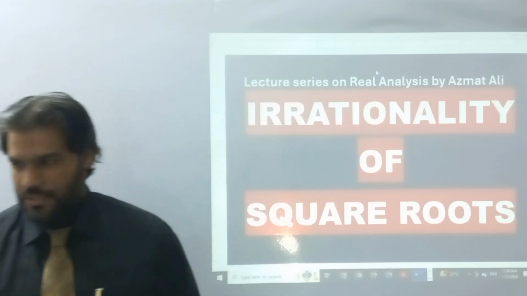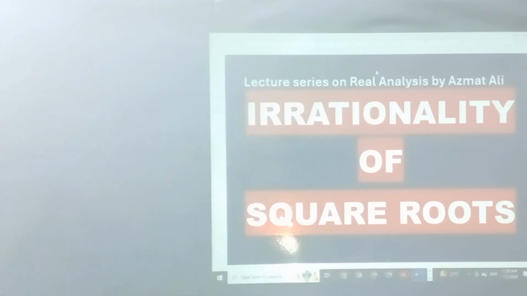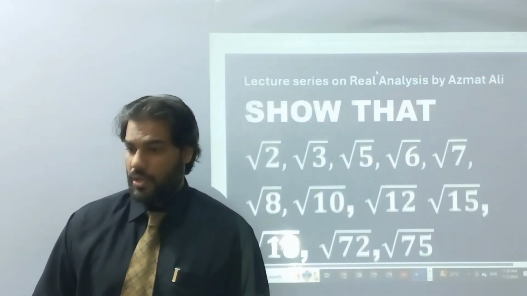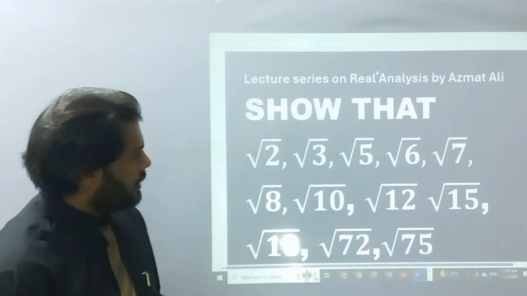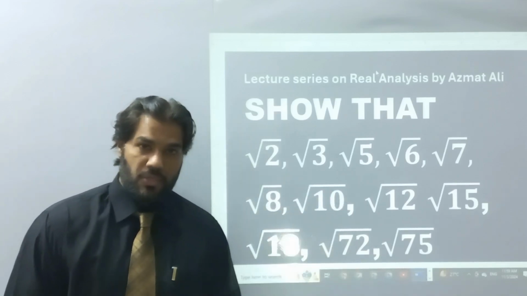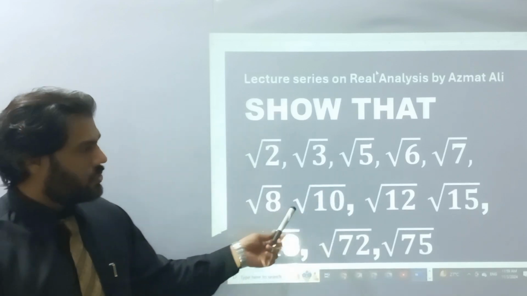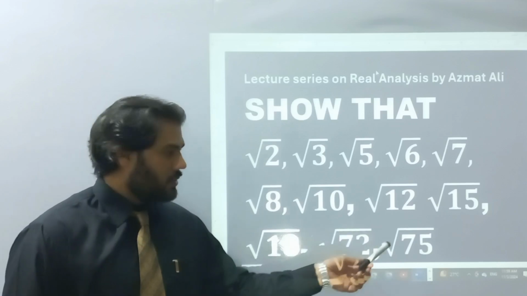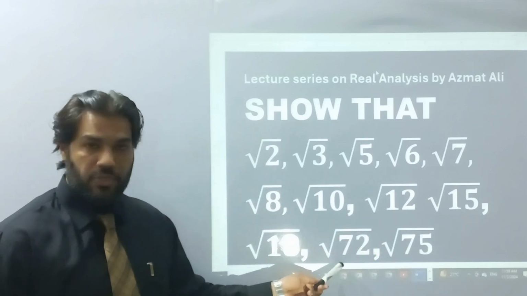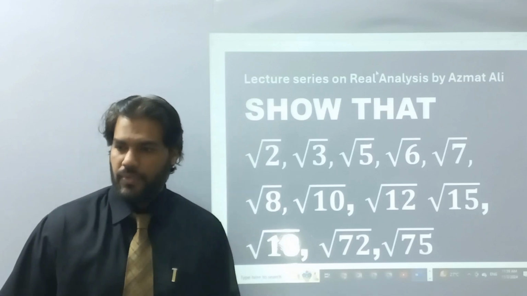So in this lecture, we will discuss the irrationality of the following numbers: square root 2, square root 3, square root 5, square root 7, square root 6, square root 8, square root 10, square root 12, square root 15, square root 18, square root 72, square root 75.